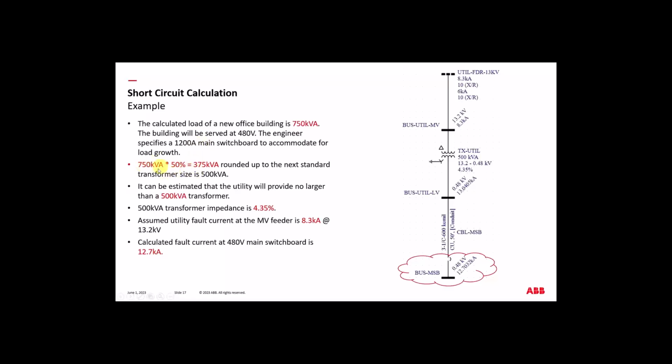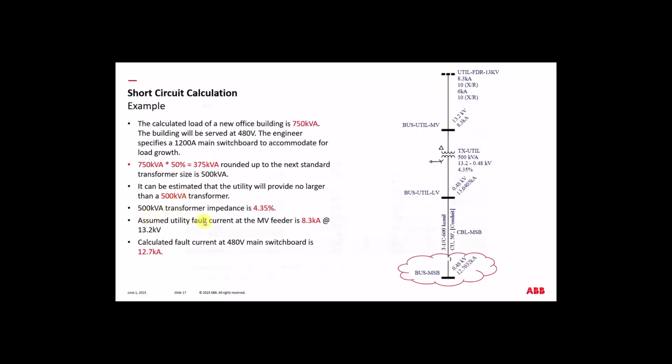You determine with the 50% rule of thumb method that the transformer size is going to be 375, rounded up, so it's going to be a 500 kVA transformer. And the utility is going to provide 500 kVA.